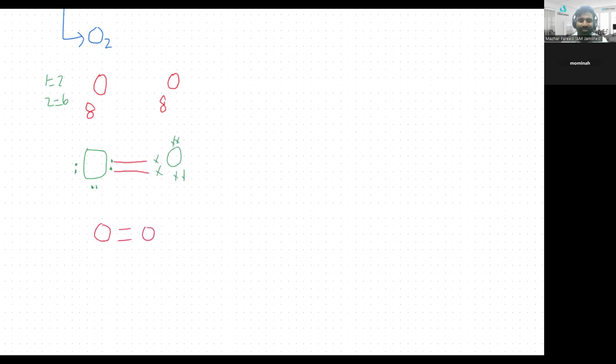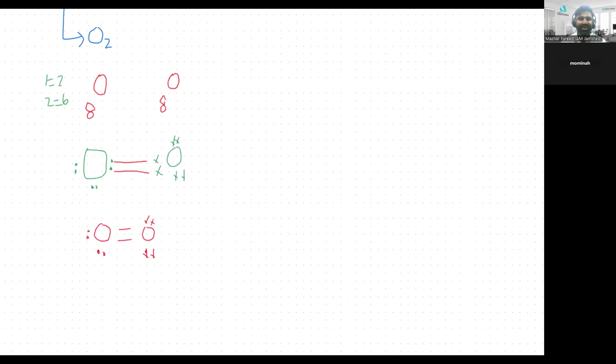And there are 2 electrons present on these and these, and you have to write their electrons like crosses. So you are seeing here these electrons which are involved in the bonding.